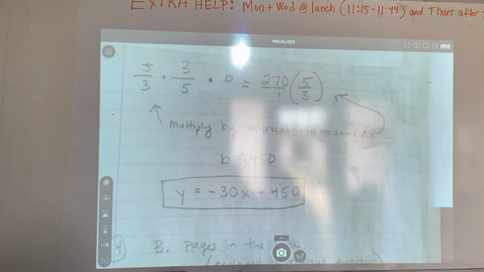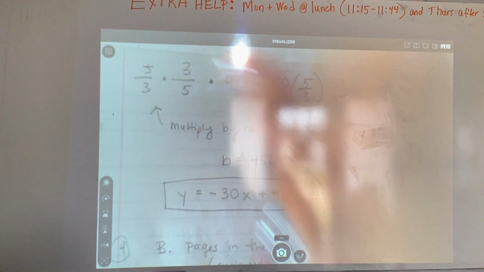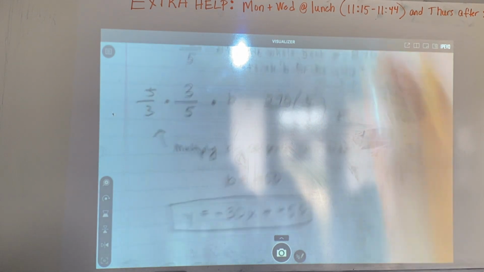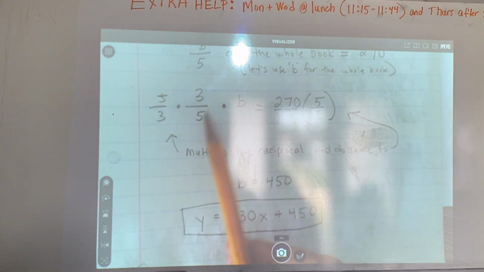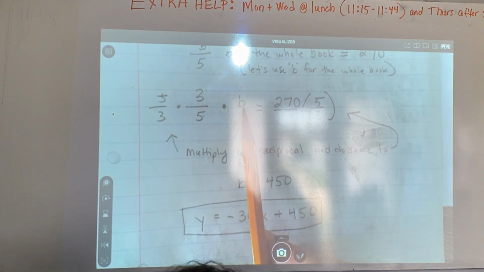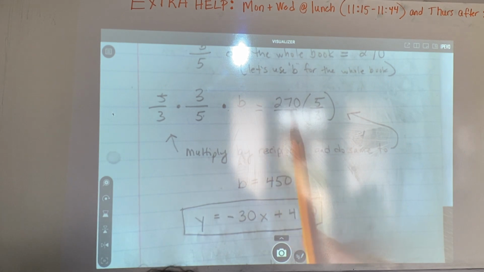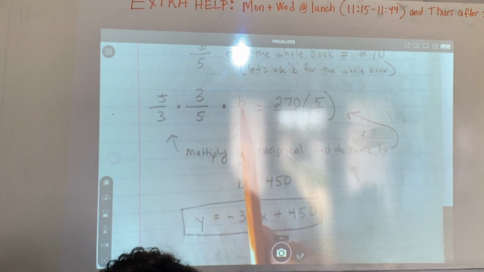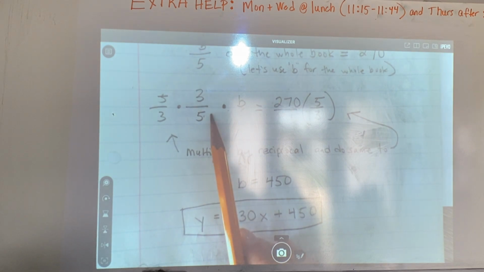Yep. I'm just setting it up as an equation. So, if 3/5 of the whole book, I just represented the whole book by B, equals 270, how do we find out what this value is if it's being multiplied by 3/5?